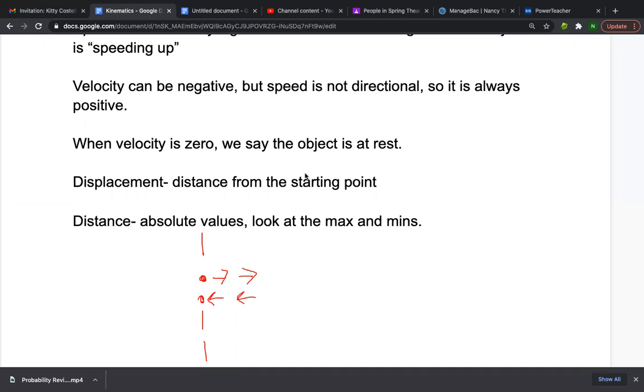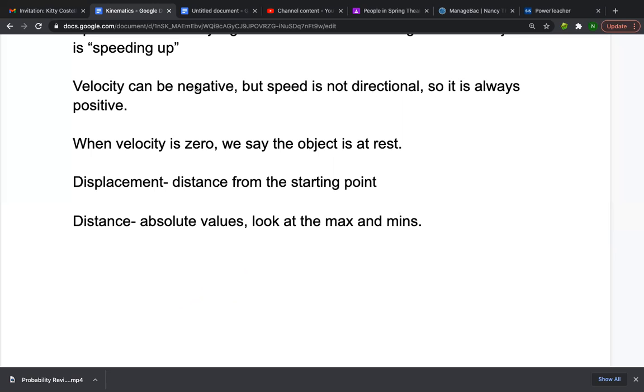But on the other side of it, when I look at distance, if I take 2 steps this way and then 2 steps that way, I've actually taken 4 steps. So distance is different than displacement. And the way that we look at distance is to look at the max and mins. So this would be a maximum in one direction and a minimum in the other direction. So I count how many did I go up and how many did I go down, and that's how I get distance. And you'll get a lot of practice on this with delta math.